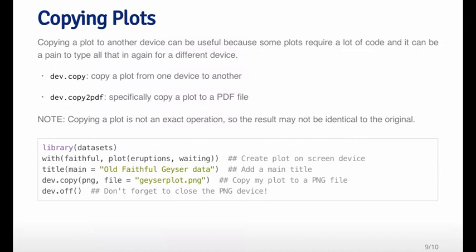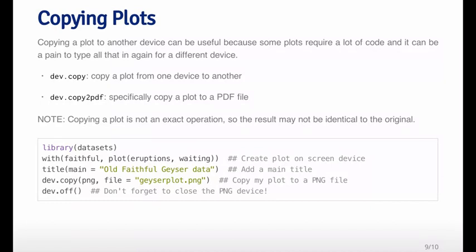Finally, it's possible to copy plots from one device to another, and this is probably most commonly used when you've created a plot on the screen and you really like it, and then you want to put it into a file. There are two ways you could do this. One is that if you've saved the code that makes the plot on the screen, you can open up a file device, cut and paste the code into R, and then close the file device, and then you've got your plot in a file.